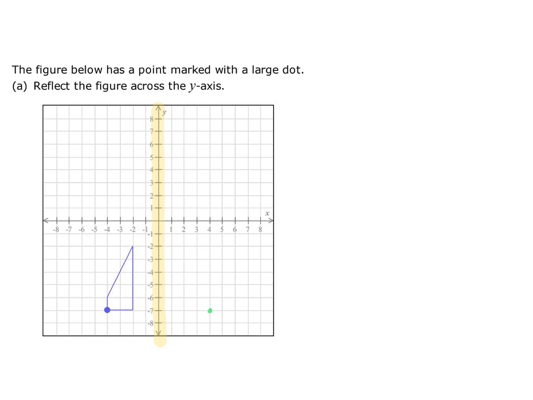And now I'm going to count each of the other points and see how far they are away from the line of reflection. That one was 2. Now I'm going to count this one. 1, 2, 3, 4. Place it right there. Go up to the top and count 1, 2, and it is 1, 2 in the opposite direction.